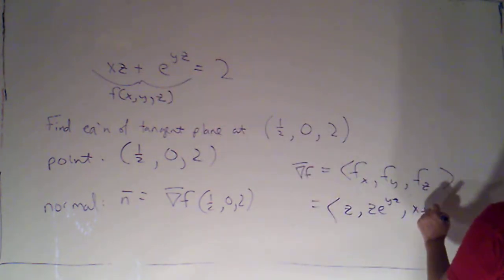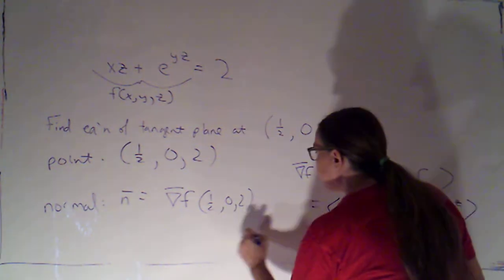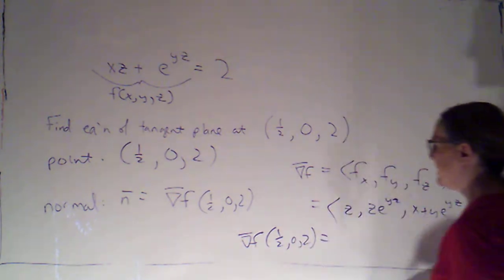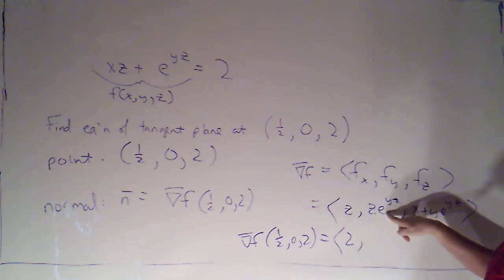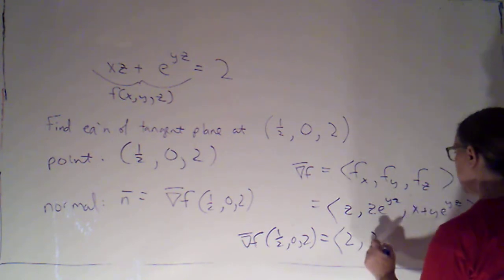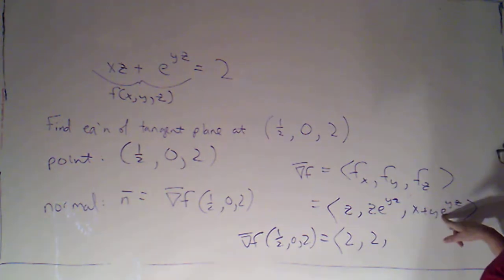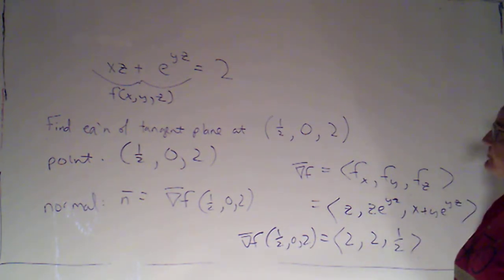So x plus y e to the yz. Excellent. So then the gradient of f at 1/2, 0, 2 is going to be 2. 2 times e to the 0 is also 2. Let's see, x was 1/2 plus 0. So we get 2, 2, 1/2.